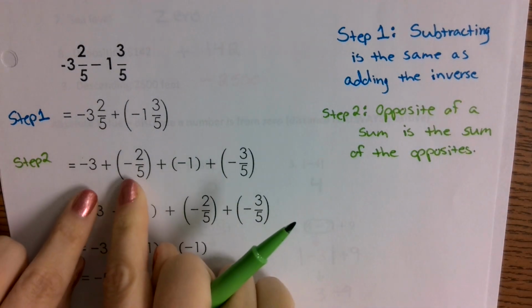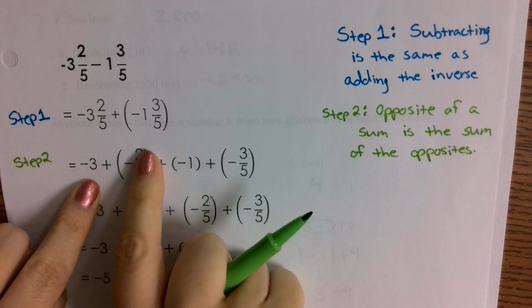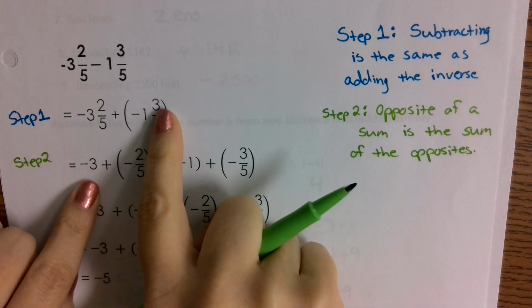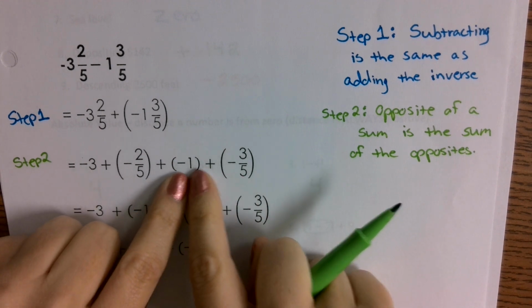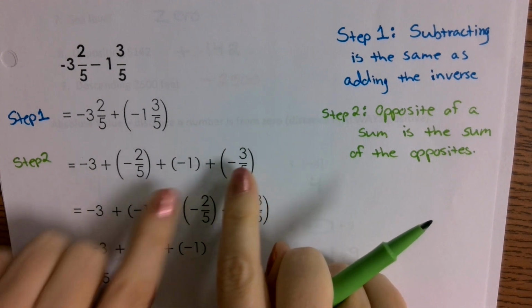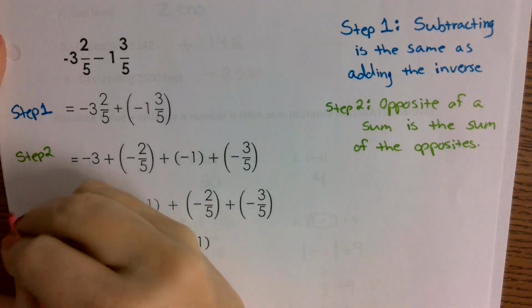So what we did is we took negative 3 2/5 and we split it up into negative 3 plus negative 2/5. We did the same thing here, negative 1 3/5. We broke it up as a negative 1 and a negative 3/5. And then we have this as an addition problem throughout. Okay? The next process, step 3.